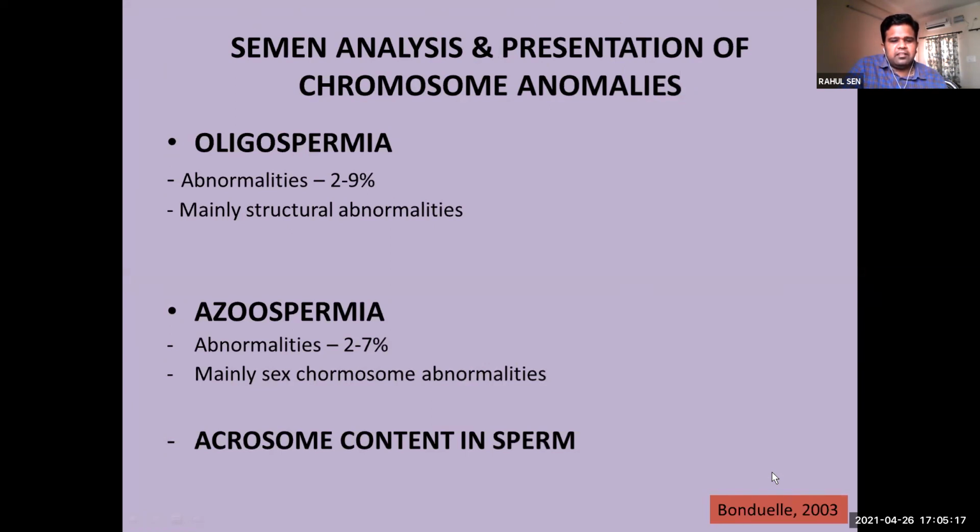These patients may exhibit structural abnormalities, and in patients with azoospermia, around 2 to 7% exhibit chromosomal abnormalities, which are basically in the sex chromosomes.